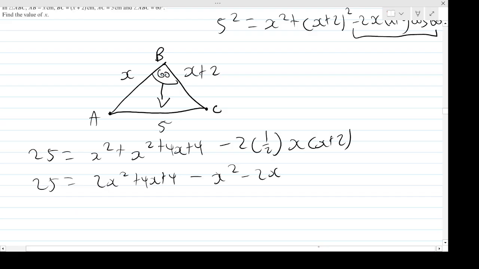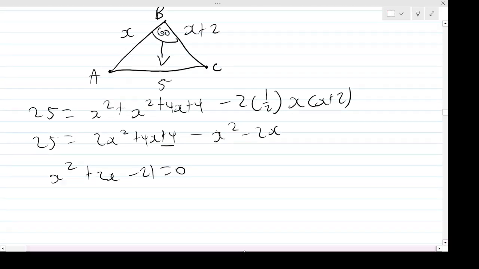Collecting like terms again: 2x squared and minus x squared gets me plus x squared, then 4x minus 2x is plus 2x, then 4 take away 25 is minus 21, equal to 0.